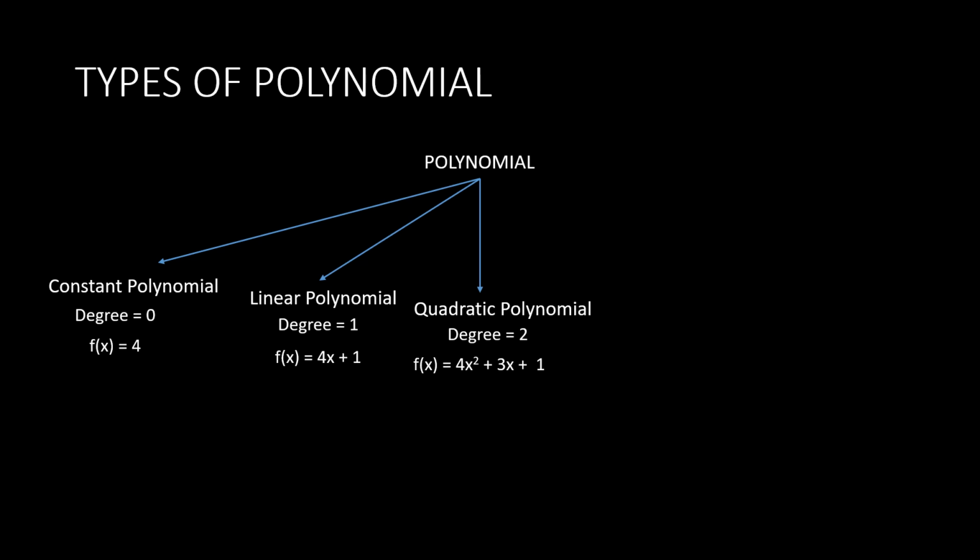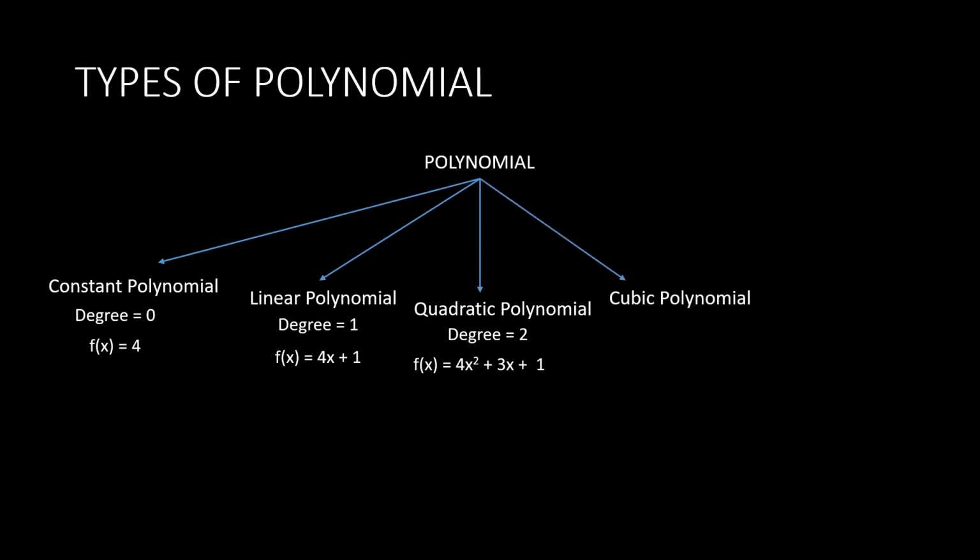You can see there are three terms, 4x squared, 3x and 1, that make up this polynomial. 4x squared has a variable x with the power 2, 3x has a variable x with the power 1, and 1 has a variable x with the power 0. So you can see 2 is the highest power in the entire polynomial. So the degree of polynomial is 2, being a quadratic polynomial.